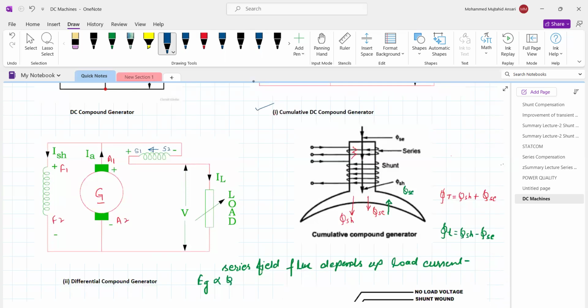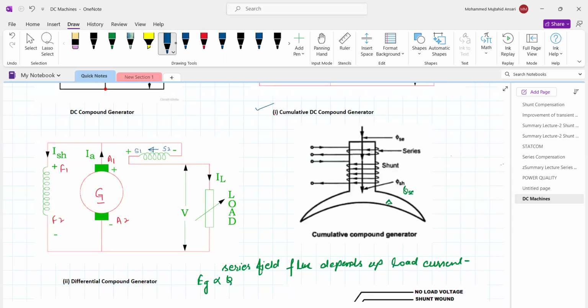Now this can be explained with the help of this diagram. That is, these are the pole shoes and the pole core, where we have the shunt field winding and series field winding. Earlier, the current in the shunt field winding and series field winding are in the same direction, as it is given in this diagram.